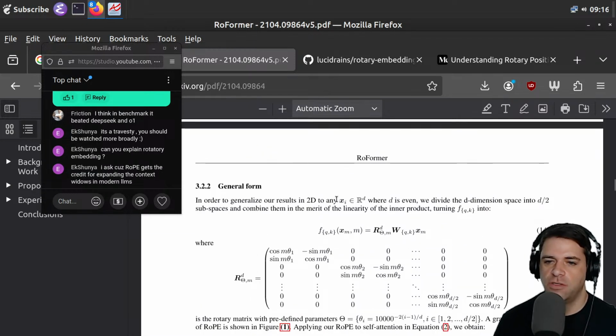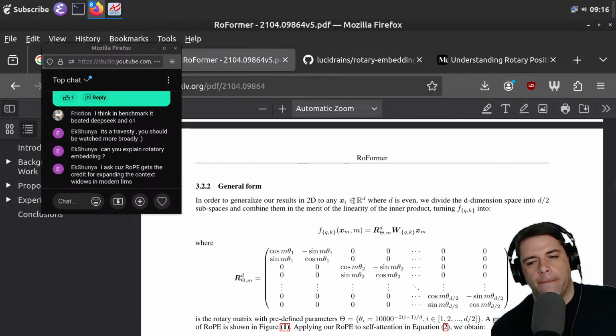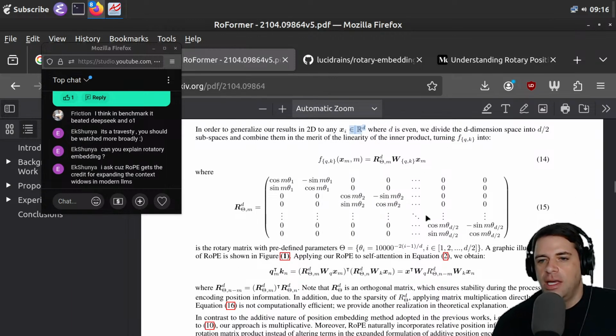In order to generalize our results in 2D to any x sub i in R^d, where d is even, we require an even dimensional space. We divide it into halves, and you apply the 2-dimensional rotary embedding to each.